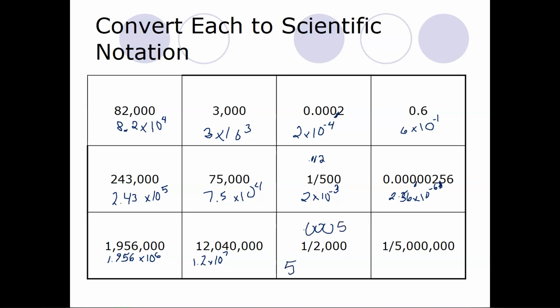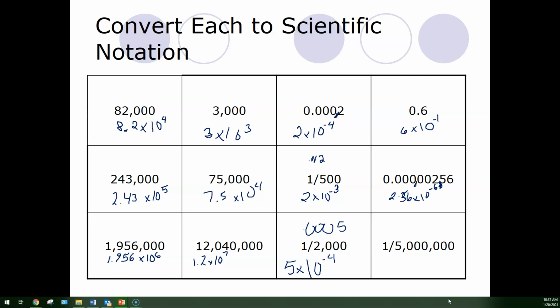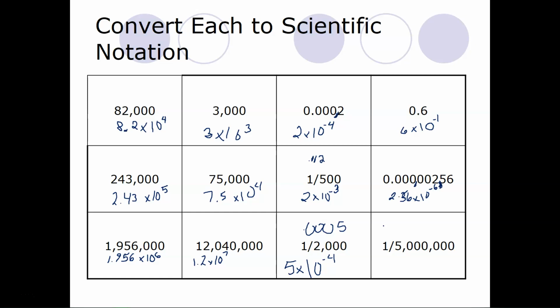So we end up with 5 times 10 to the negative 4. Here we end up with 0.2345662, or 2 times 10 to the negative 7. Now see how I got all those numbers?